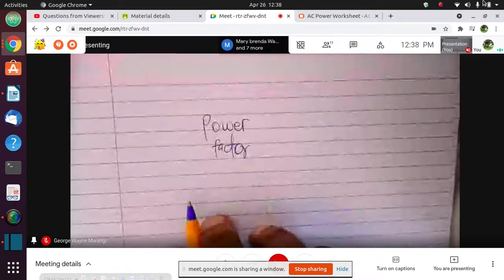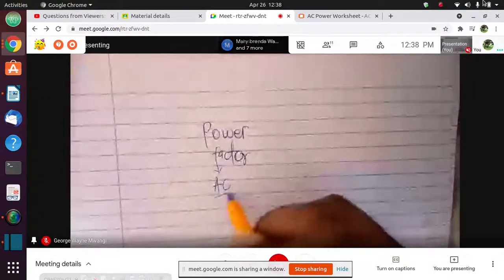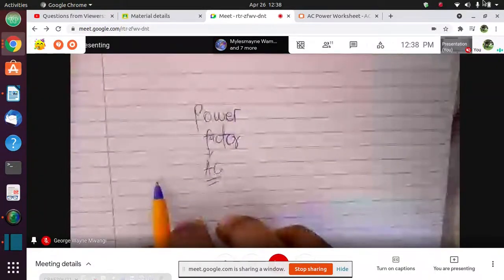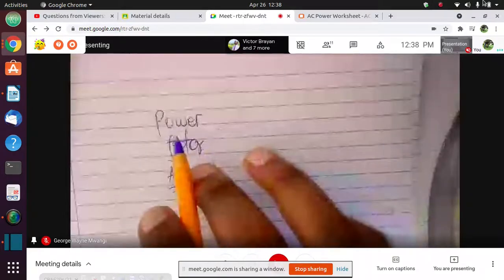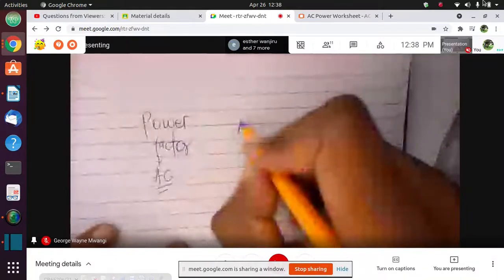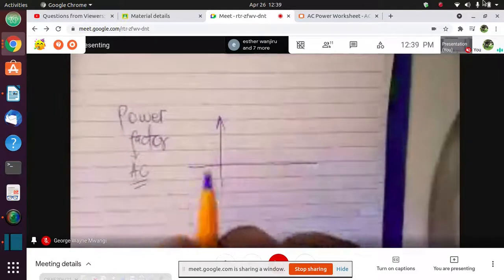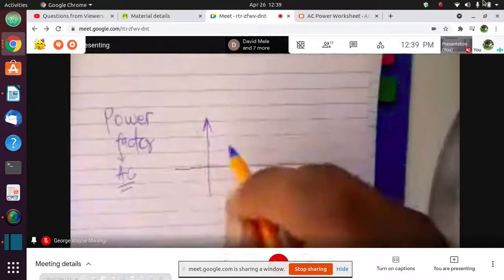Okay, in short, power factor in AC is something we have to consider. Remember the things we have been talking about. For example, we have been talking about voltage and current being in phase and out of phase, and I think in that video you were able to see clearly.